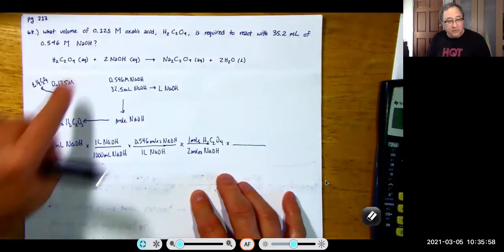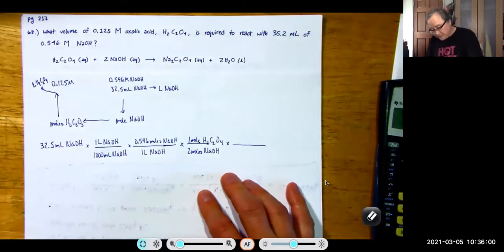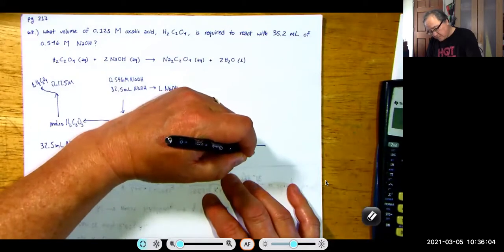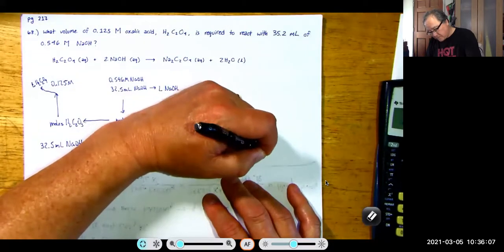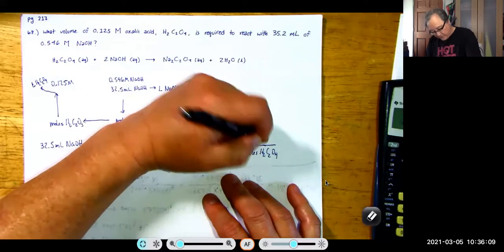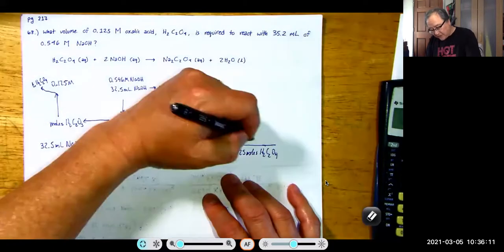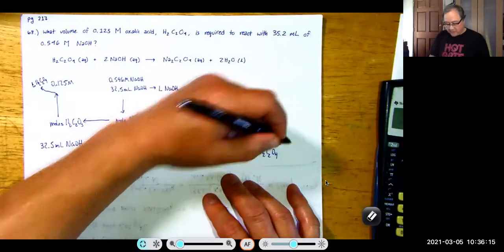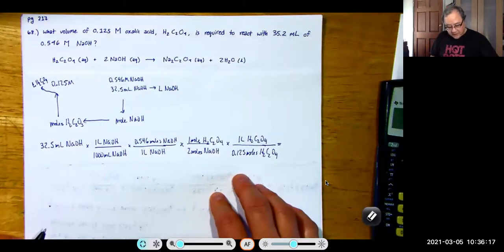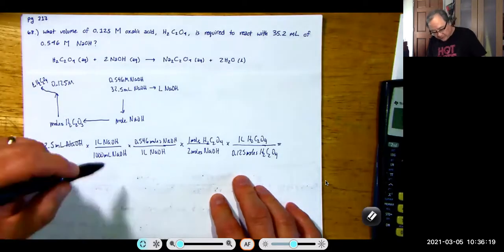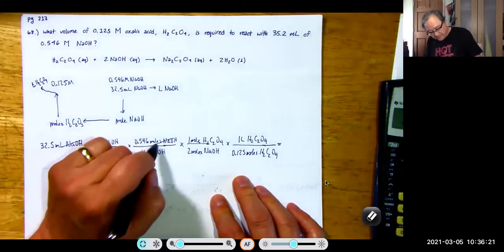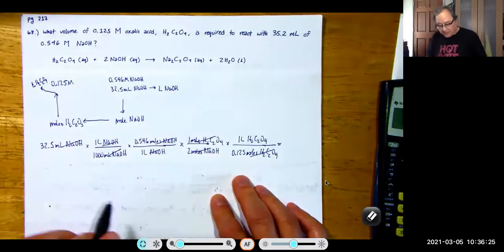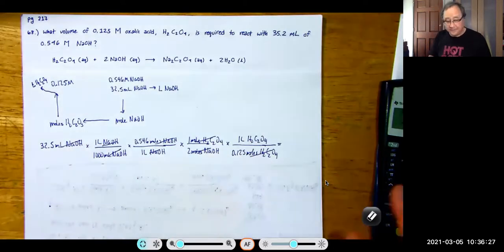Only here, I'm going to put the 0.125 moles on the bottom, and the 1 liter of oxalic acid on top. Okay, so if we take a look, certain things will cancel, and we'll be left with liters of oxalic acid.